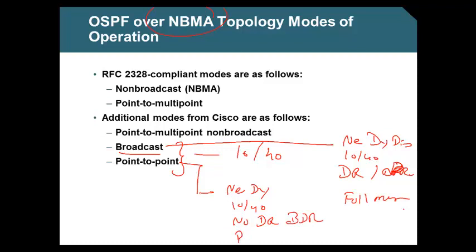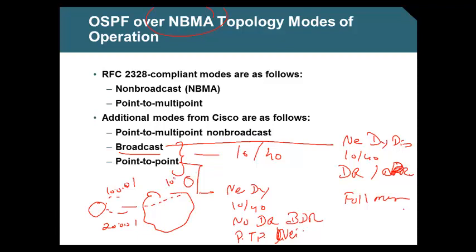P2P neighborship, meaning if you have one hub router with some sub interface, this is 10 network, this is 20 network, and you got frame relay, and one PVC is going to a router whose address is 10.0.0.2, another PVC is going to another router whose 20.0.0.2. See, different subnets, that is why point to point. This is one point to point, this is another point to point, different subnets.